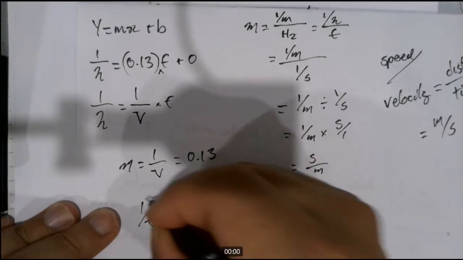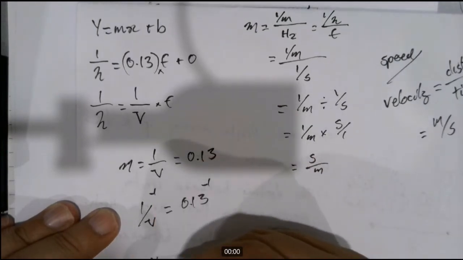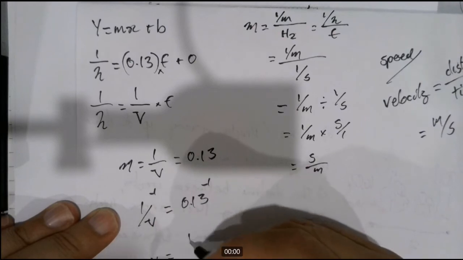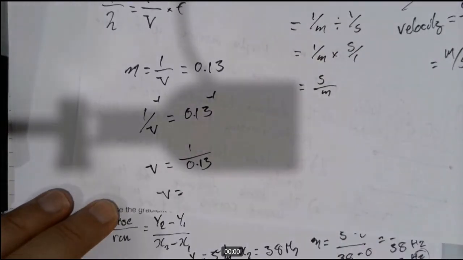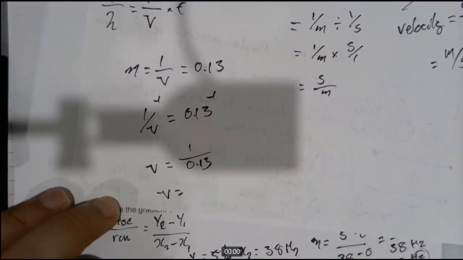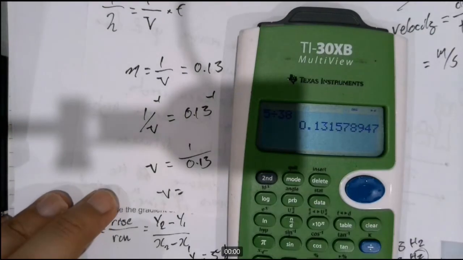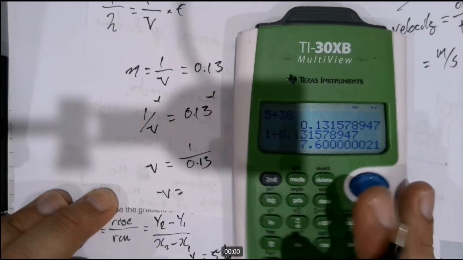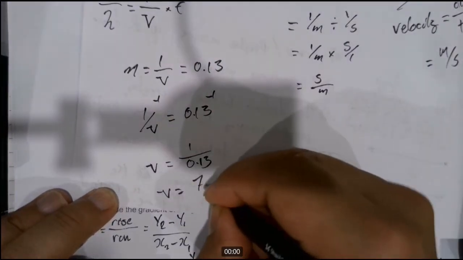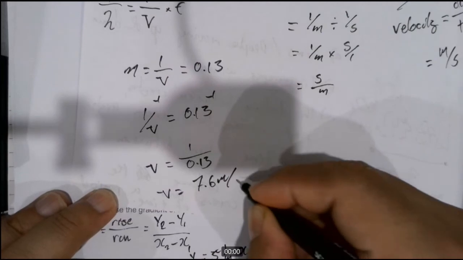We take the inverse on both sides, so we end up with v on this side, and we end up with 1 divided by 0.13. We end up figuring out that v, or the speed of the wave, is 7.6 meters per second. Okay. And that's the answer to B then.